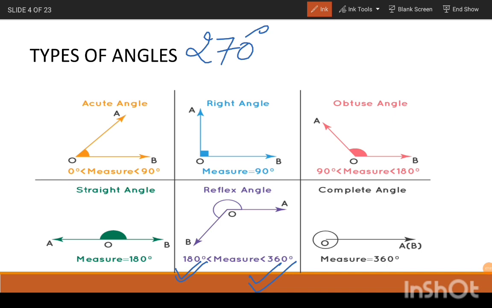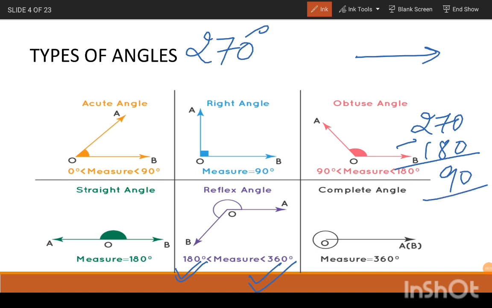So if this is the first ray, where will the second ray be? It will move 270 degrees. Now in the protractor we don't have 270 degrees, right? So what is the difference from 180 to 270? If I subtract 180 from 270, I get a difference of 90 degrees.